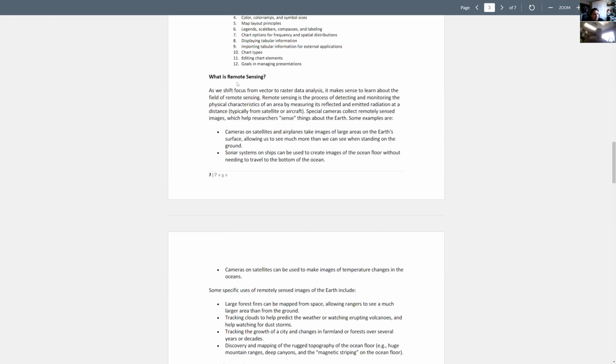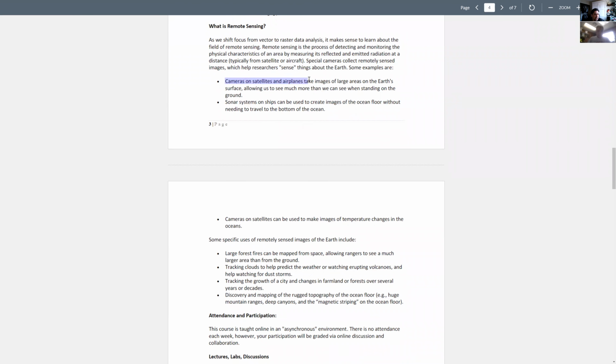So remote sensing is the process of detecting and monitoring physical characteristics, measuring emitted radiation. And this is a very specific technical definition I pulled from a textbook. But look down here: cameras collect remotely sensed images, sense the Earth. Okay, so the examples, right? Cameras or satellites or airplanes taking imagery of the Earth.